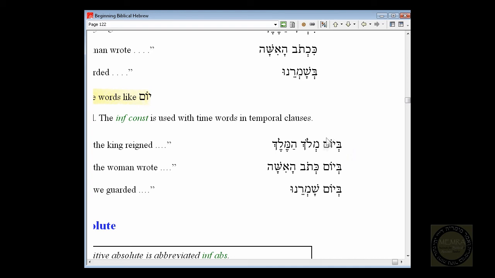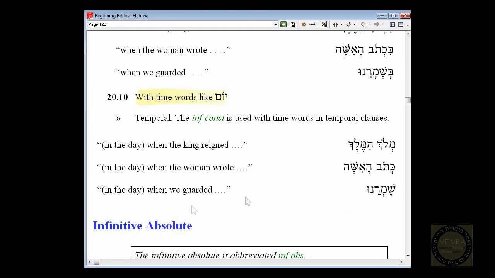Just translate bayom as when, rather than try to come up with a phrase in a day, because that's not going to sound very good in English. But when the king reigned, or you can have in the day when the king reigned. You need that when sense. You need that temporal sense. So that's why Futado has it in parentheses. In the day when.